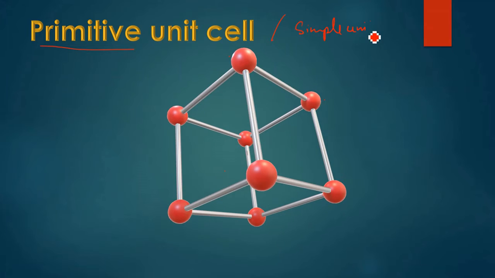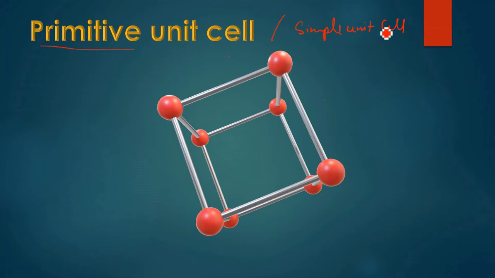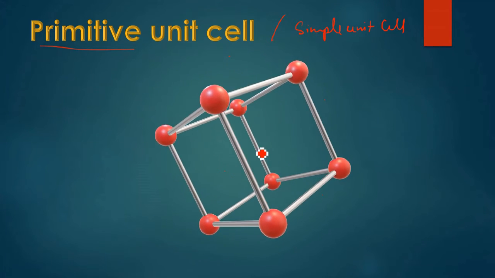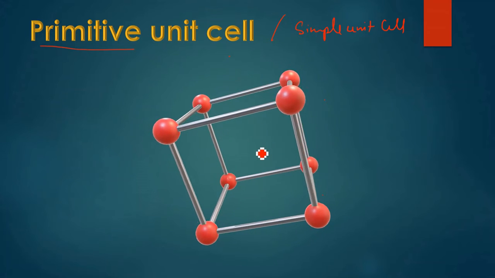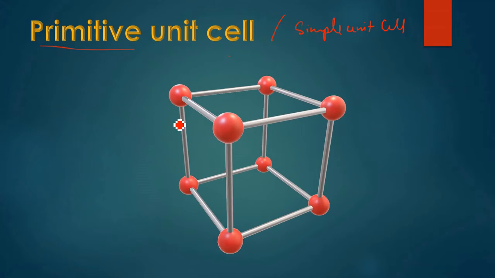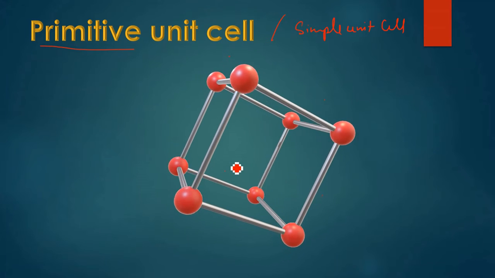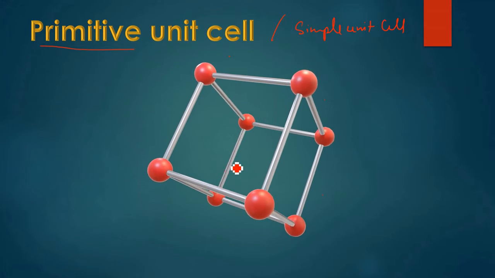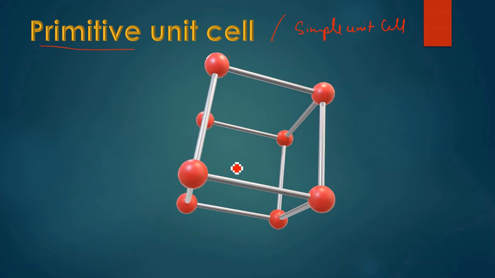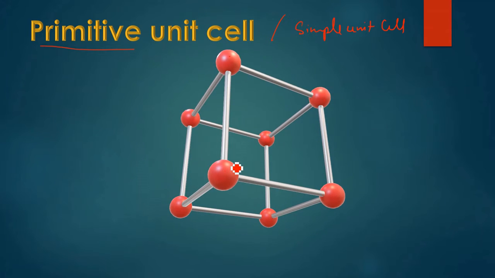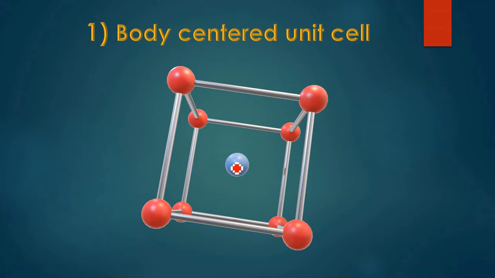So this way you can get a 3D imagination. So students, you have to use your visualization power. This is like a box where all the vertices are occupied by the constituent particle, and this is primitive unit cell. Next, body centered.